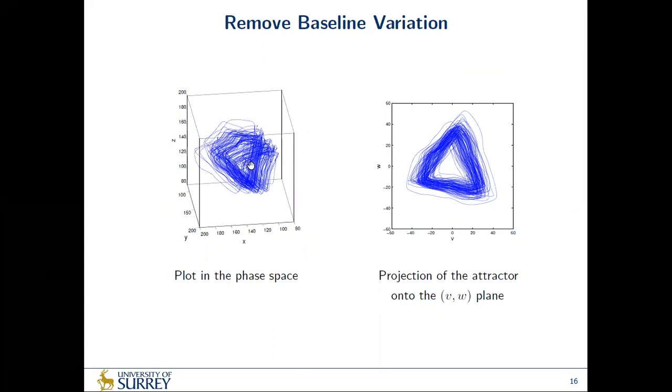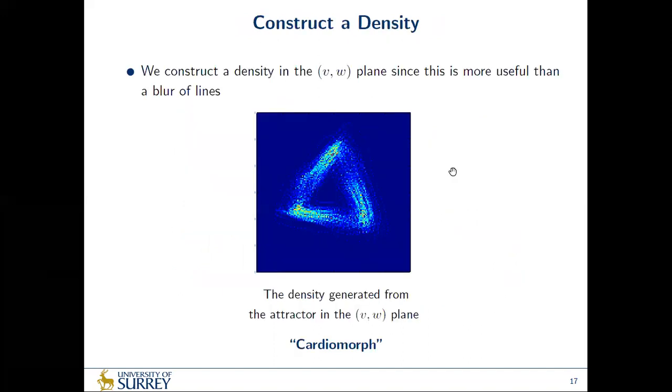When we view it down this way, then we get this plot in the vw plane, and some of the variation has been removed. The final stage is to construct a density in the vw plane, because that's more useful than the blur of lines. And we've given that density a fancy name. We've called it a cardiomorph.